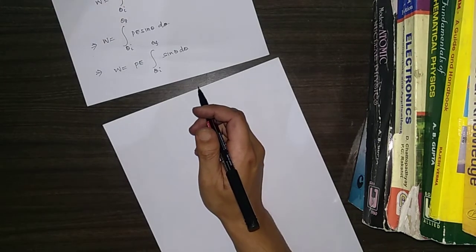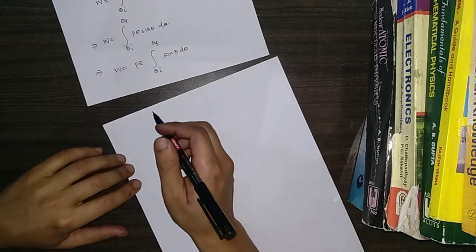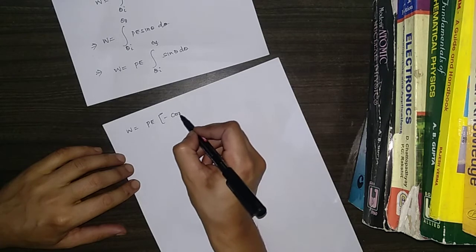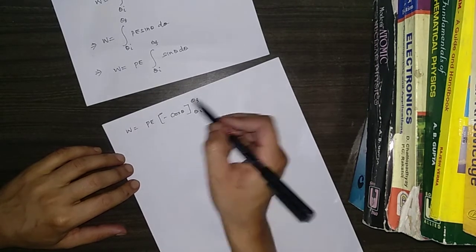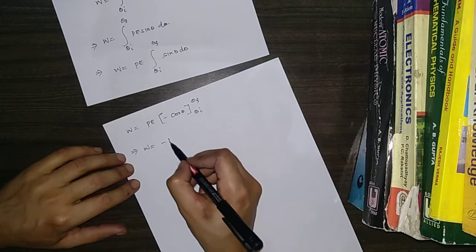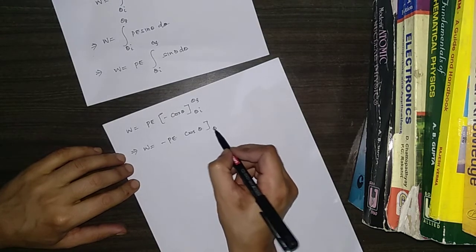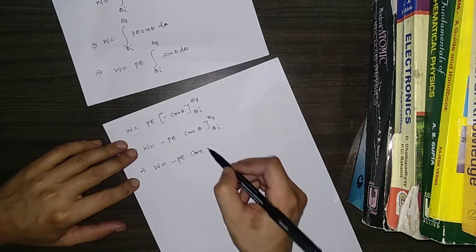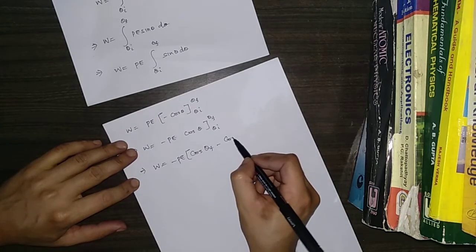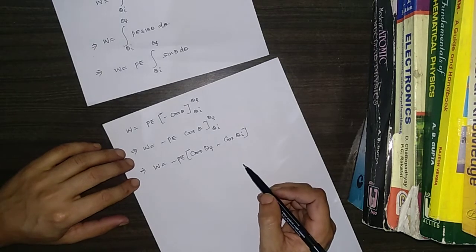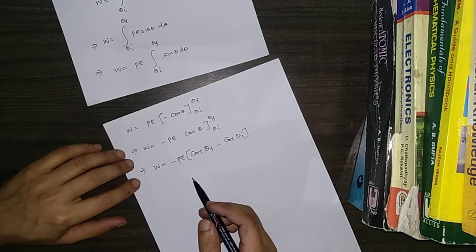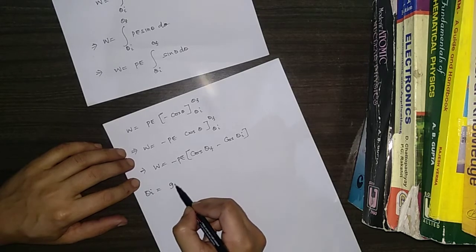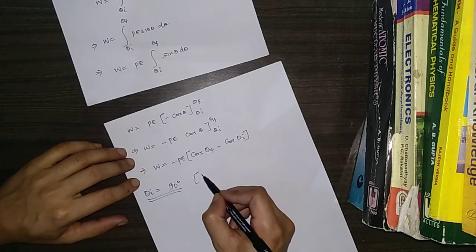So the work done is PE times minus cos theta from theta I to theta f, or minus PE times cos theta f minus cos theta I. We already know that our initial theta I was 90 degrees, because in this case our potential energy was 0.